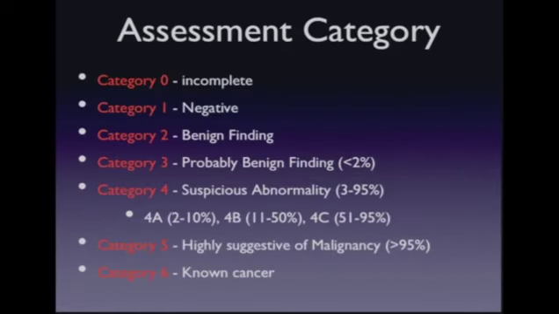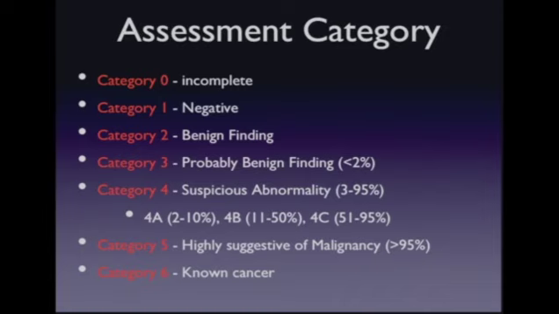So after you've found your lesion and you've characterized it using the words we've just described, the next portion of the BI-RADS is the assessment category. And there are 7 assessment categories. These include Category 0, incomplete; Category 1, negative; Category 2, there is a finding, but it is definitely benign; Category 3, there is a finding and it is probably benign, and must have a less than 2% probability of a malignancy.